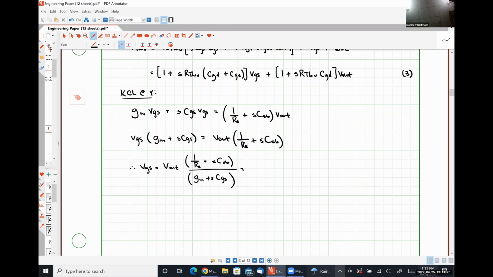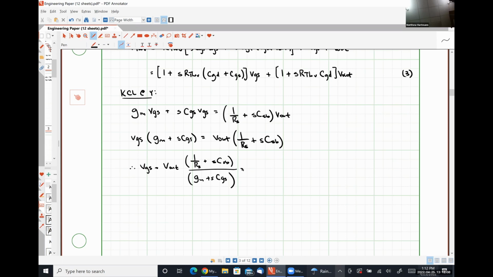And I'm going to manipulate this a little bit, so I'm going to explain exactly what it is that I'm doing. I am going to multiply through by a factor of RS over RS to clear out my fraction. And then I am going to factor out GM RS from my denominator. The reason why I'm doing that is because I'm planning ahead and I know that I should expect to see a GM RS in the numerator later on because that's a portion of my midband.